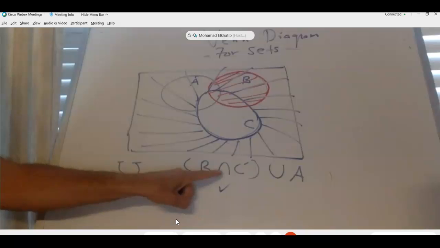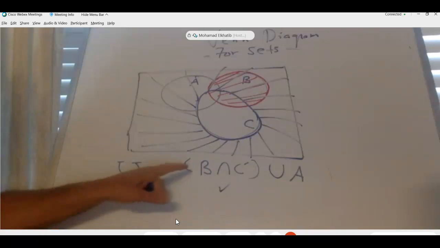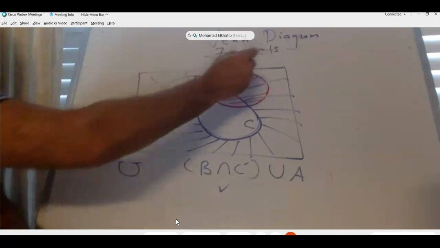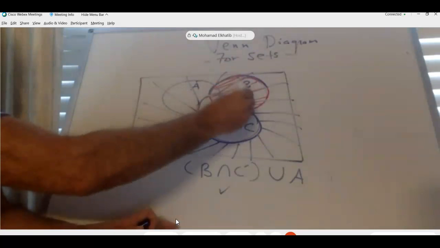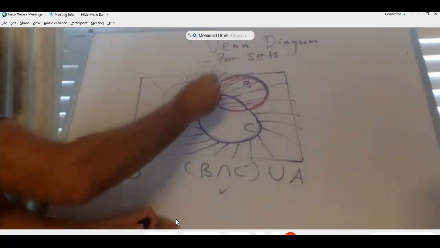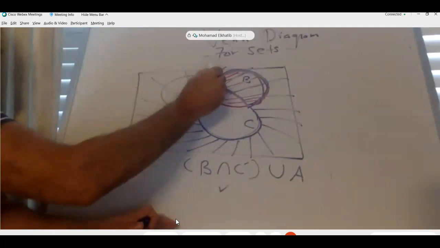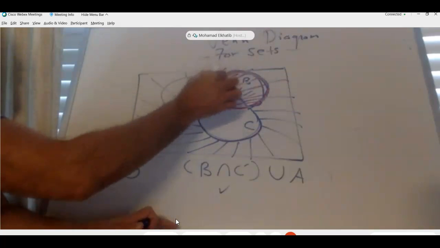So what's the symbol between them? Intersection. So what's the intersection of B and C prime? Whatever the two colors are on top of each other. Where do you see the two colors on each other? Right here. This is the only part where the blue and red are on top of each other. Do you agree?